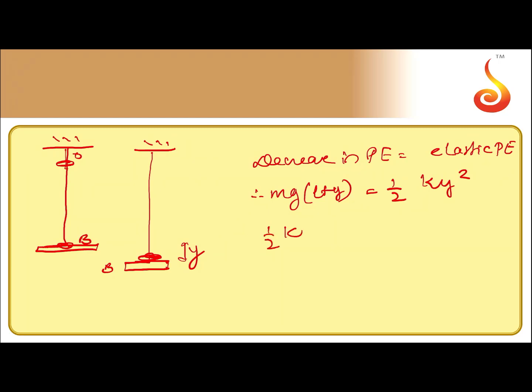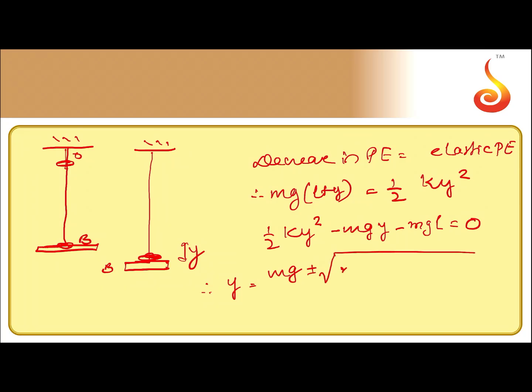If I simplify it further, I get half k y square minus mgy minus mgL equals 0, a quadratic equation in y. And the value of y is therefore mg plus or minus root of (mg) whole square plus 4 times k by 2 times mgL, divided by 2 times k by 2.